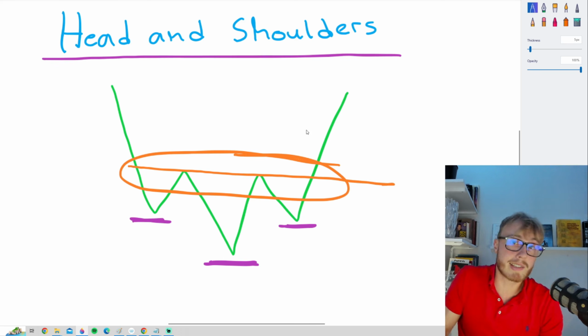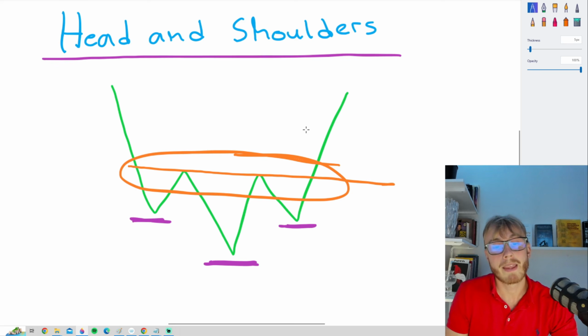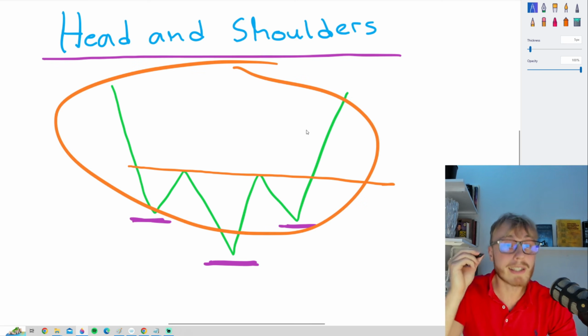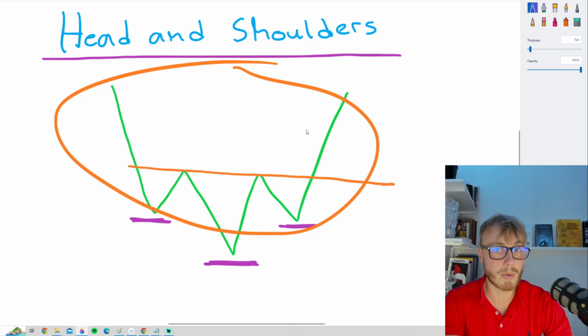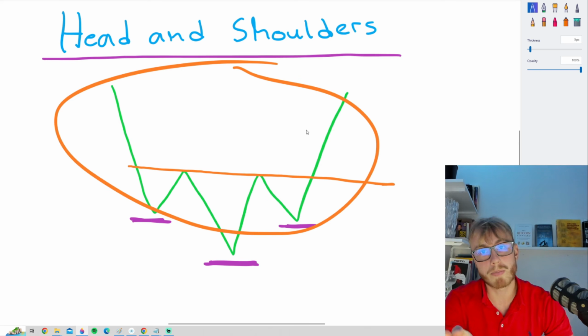Many times it tilts in some direction, so it might look a bit tilted here, but this is what we call the inverse head and shoulders, and this is the bullish version of the pattern. As for the entry point, the stop loss and the profit target, it's the exact same as the bearish version of the pattern.